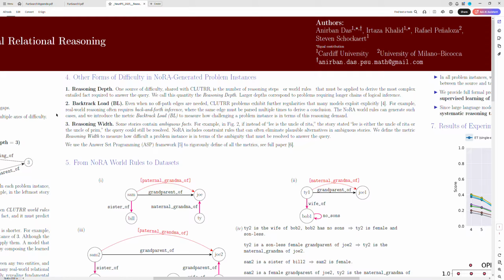We also discuss two other kinds of challenges. One is that we sometimes create stories with ambiguous facts, and that's a new kind of difficulty. And we use this metric, reasoning width, to measure how much difficulty is introduced in a problem instance by introducing ambiguous facts. But I'll let you read the full paper to discover what these two things mean.